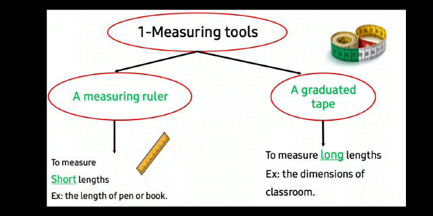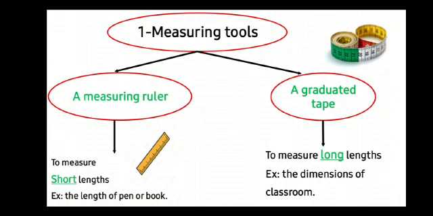Ruler, I can use the ruler to measure the length of short objects or short length, for example the length of the pen or the book. It's a short object, so I can use the ruler to measure its length.